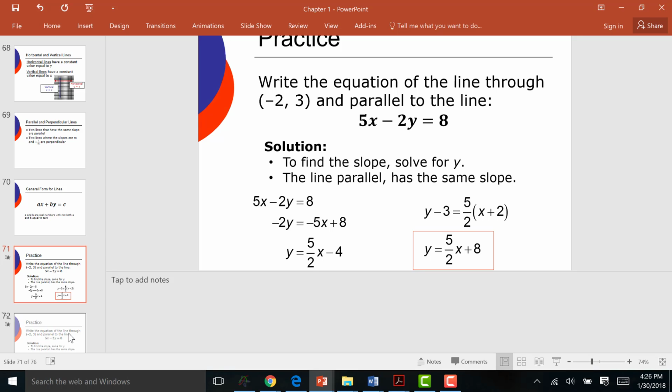Alrighty, following the steps, now I've got y minus 3 on the left side equals 5 over 2 times x. Now let me go ahead and add the steps I usually would add in here. I've got an x minus a minus 2, which becomes x plus 2. Okay, so x plus 2 goes here. Now let's distribute, 5 over 2 times x and 5 over 2 times 2.